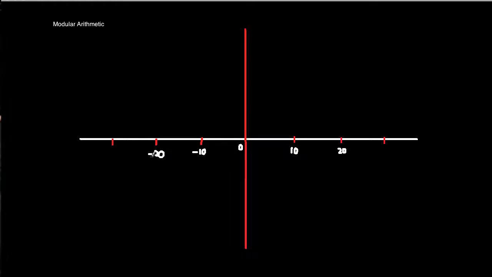Now, in BASIC, when I do the modular operation, for example, let's say I do 27 mod 10, what it does is it goes up here to where 27 appears, which might be right about here.